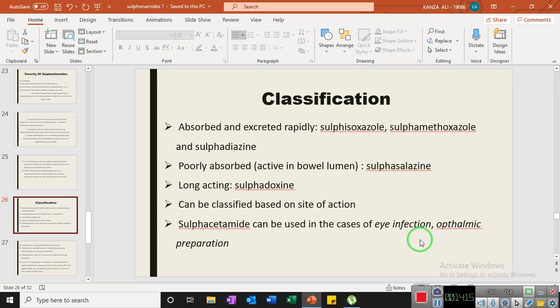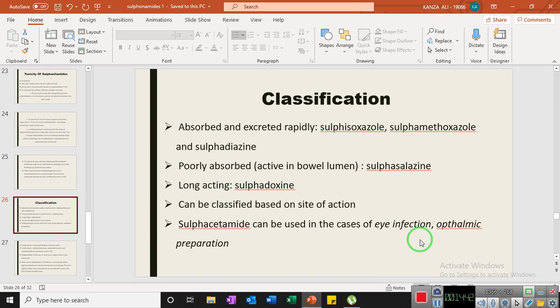For example, we have got the compounds like sulfamethoxazole, sulfadiazine, which are absorbed and excreted rapidly. They are going to be absorbed rapidly, and they are also going to be excreted rapidly.